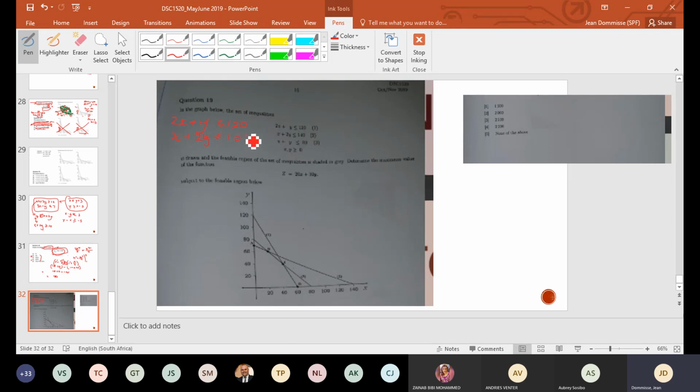If not, the other one is x. It's 140, John. Is it 140? Okay. Yeah. Thank you. And then that is x plus y is smaller or equal to 80. That's right. Okay.